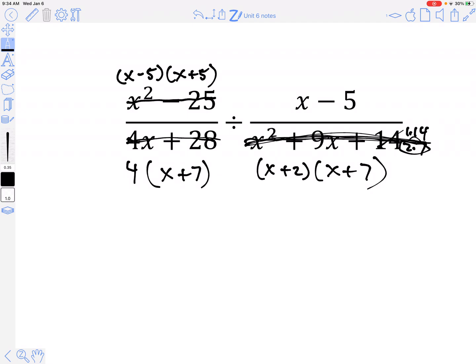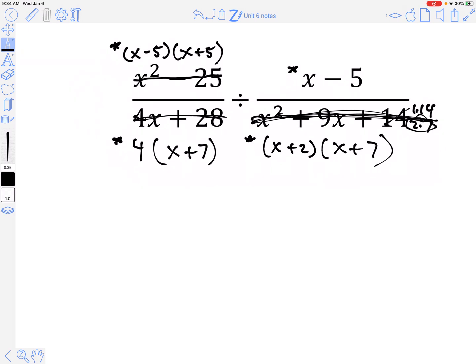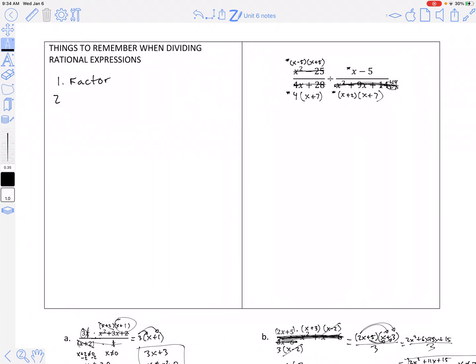Okay, now notice my numerator, denominator. I'm just trying to be neat with all that, okay? All right, so I factored. The reason I factor is so that it's easy to find my excluded values. That's why I factored first and didn't even worry about dividing.